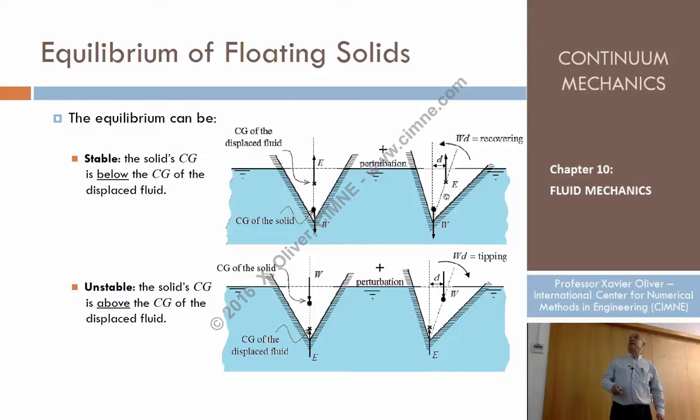So what happens? There is the second part of the equilibrium: there is a recovering moment, the moment produced by this force down and this upthrust force up, that tends to recover the original position. Okay?